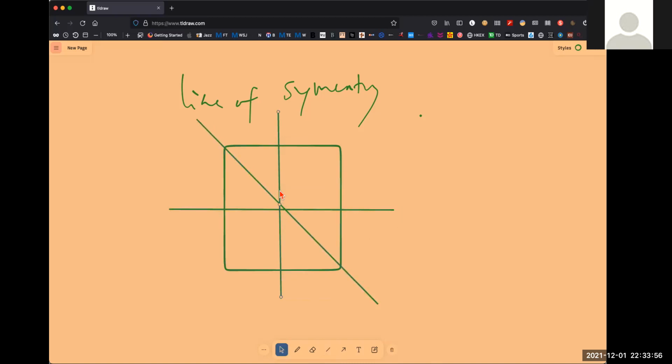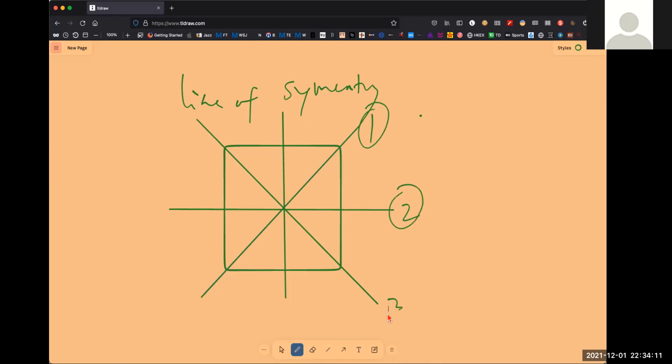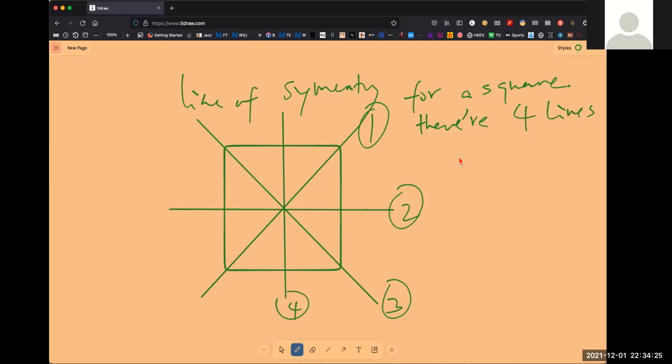Okay, looks like it's a bit off. So let me just move it back a bit. So this is also another line of symmetry. So for a square, you have 1, 2, 3, 4. So for a square, there are 4 lines of symmetry.